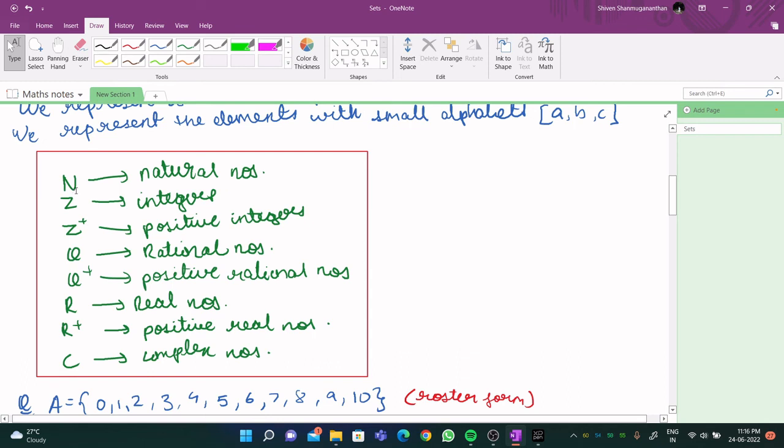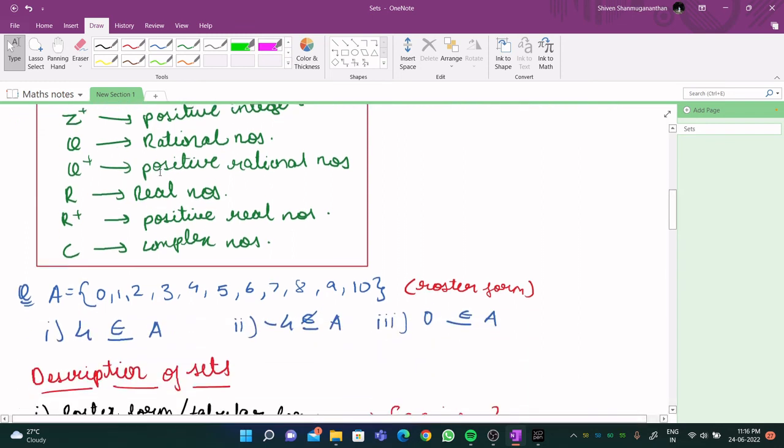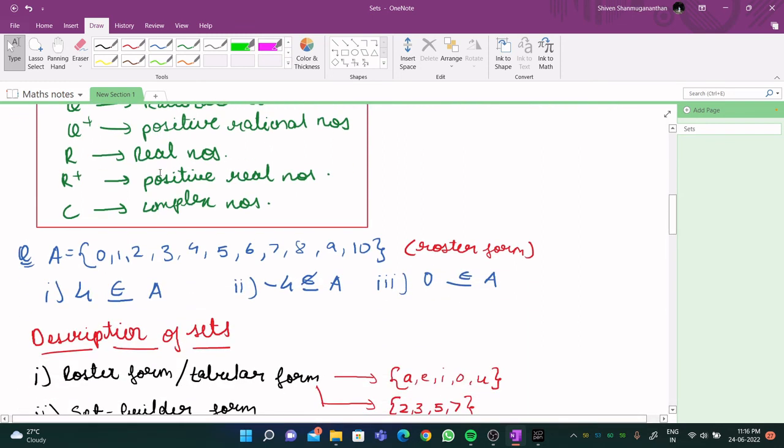If you see a capital N, it probably means the set of natural numbers. Z is the set of integers. Z positive will be positive integers. Q will be rational numbers. Q positive will be positive rational numbers. R is real numbers. R positive is positive real numbers. And C is complex numbers.